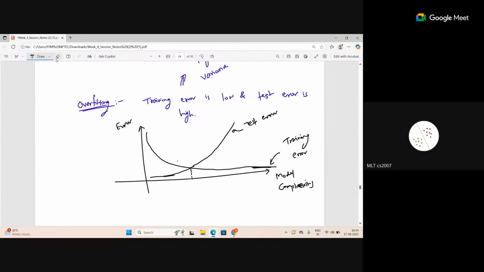Sorry, I think I have drawn this graph wrongly. The test error will also be higher for lower model complexities, so it will go like this, and then it will increase.